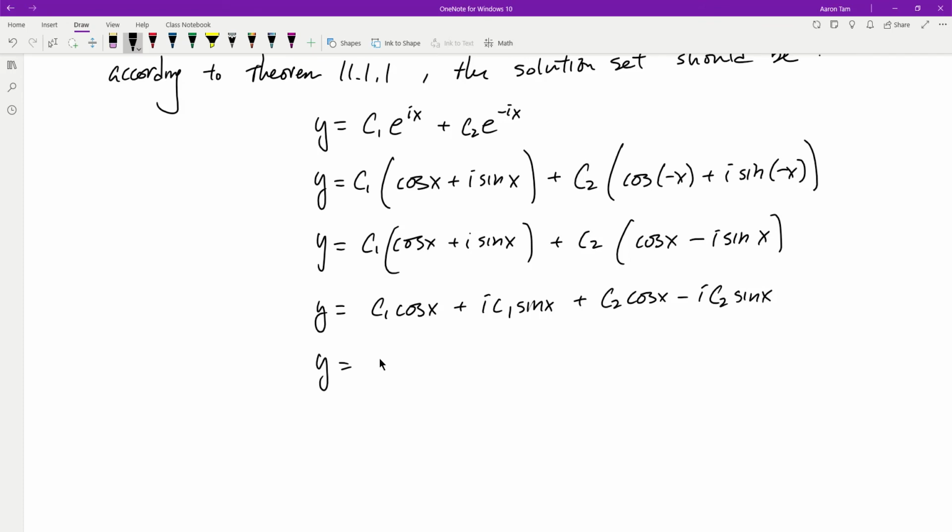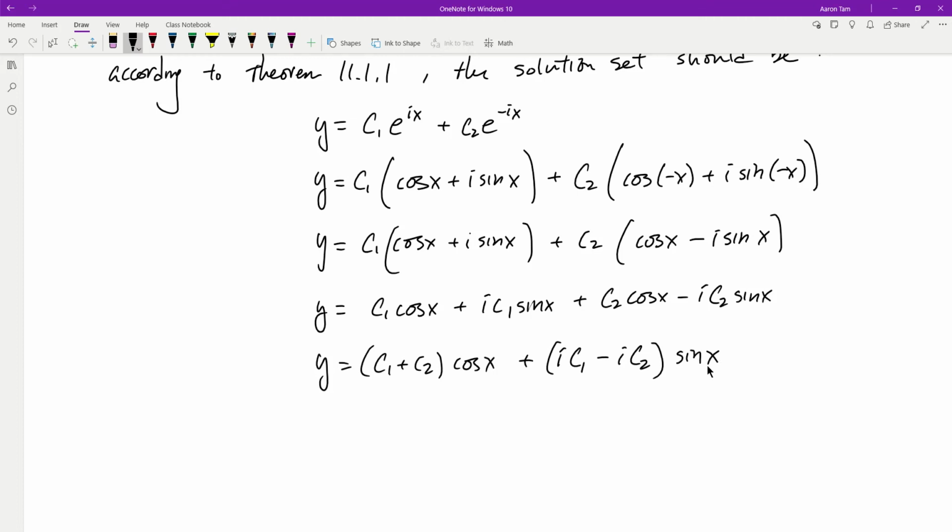Therefore this becomes (C1 plus C2) times cosine x plus, factoring sine x from the last two terms, (iC1 minus iC2) sine x.